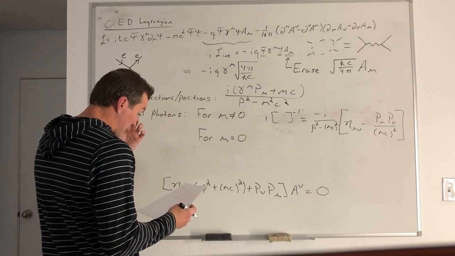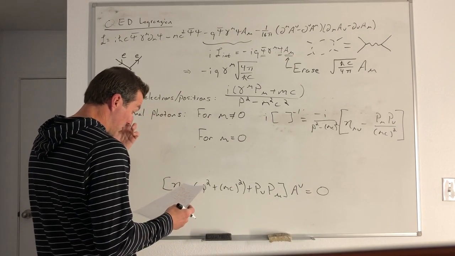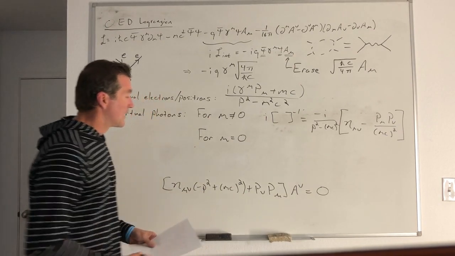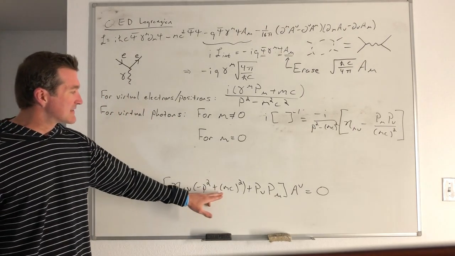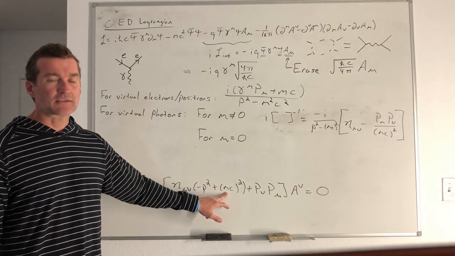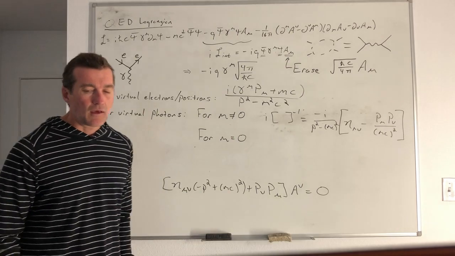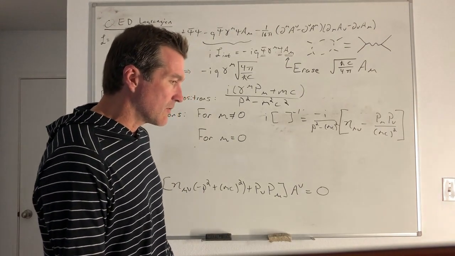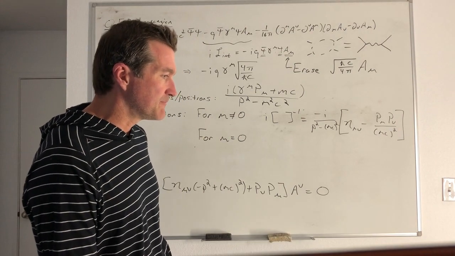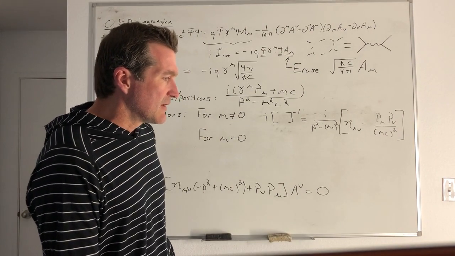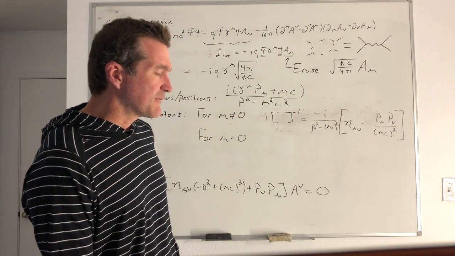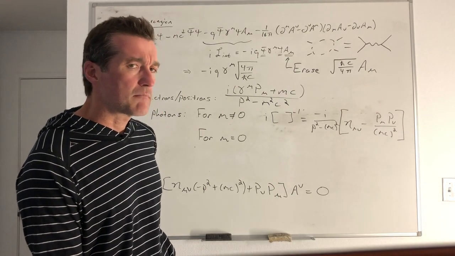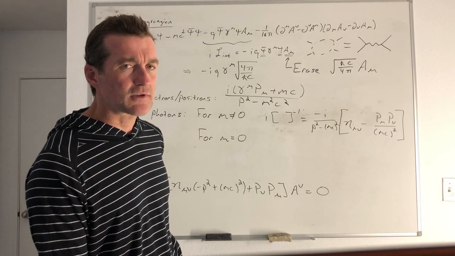For m equals 0, we could just take m equals 0 in this and do the inverse. But let me ask you a question. If I take m equals 0 in the Proca equation, does the result fully describe the massless vector boson, A mu?